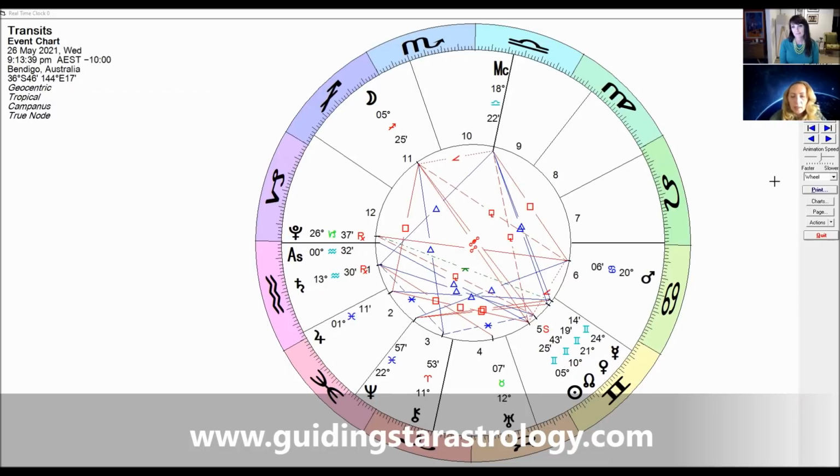Sorry, not what I wanted to say. The North Node. The critical place for the North and South Node, their critical transit place, is the 12th house.